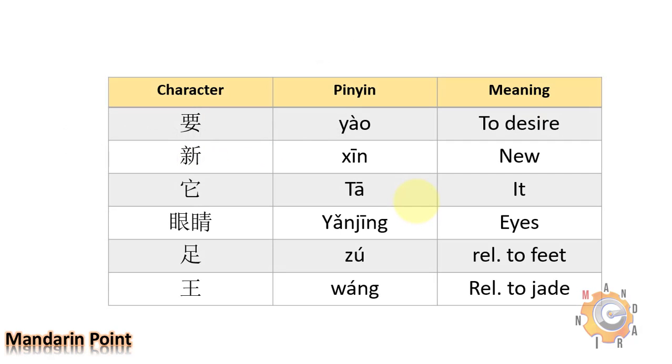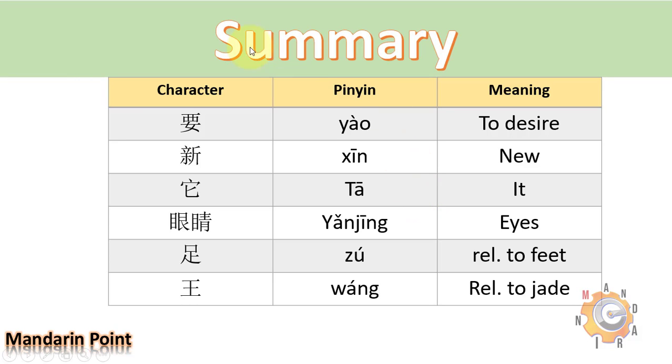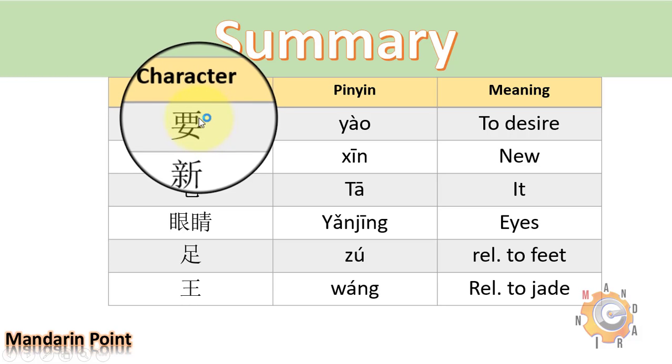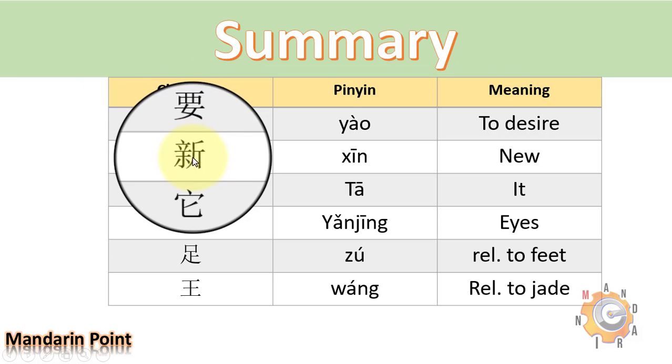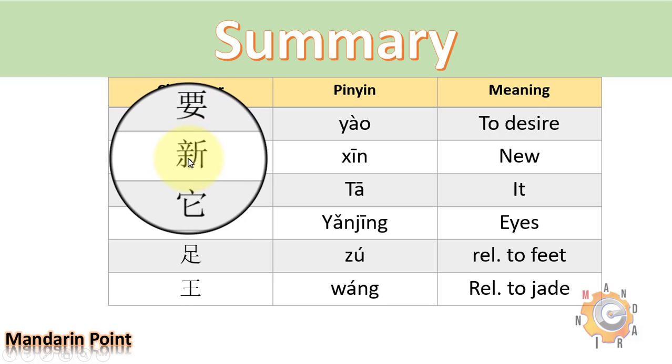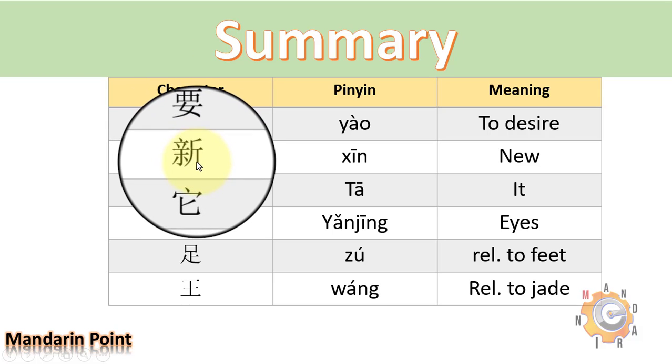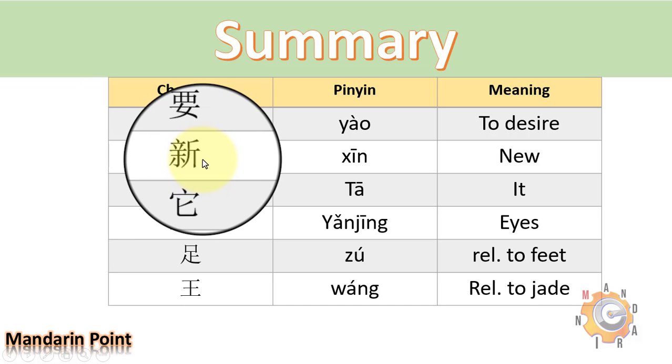Now, let's summarize what we have learned today. These are characters, pinyin, and their meaning. Please do not look at these pinyin and meanings, rather just try to remember it. The two characters, the top one, bottom one, yao. The two characters, left side and right side, xin.